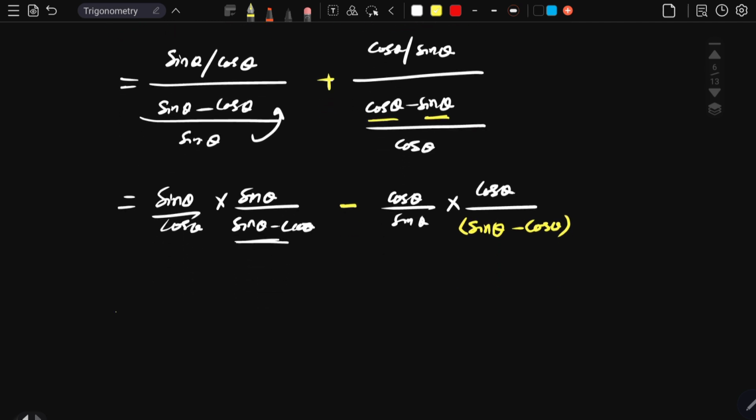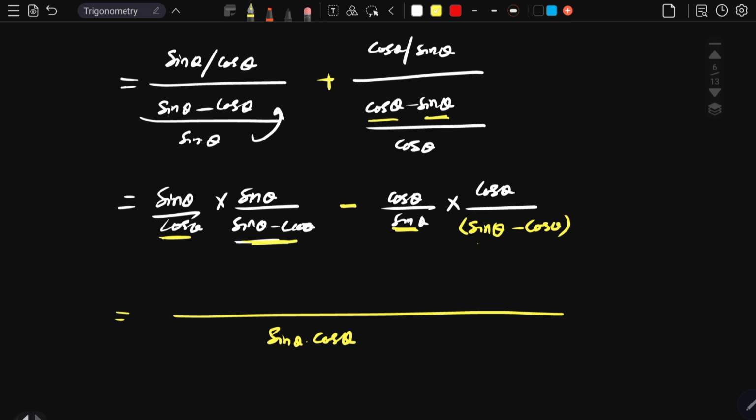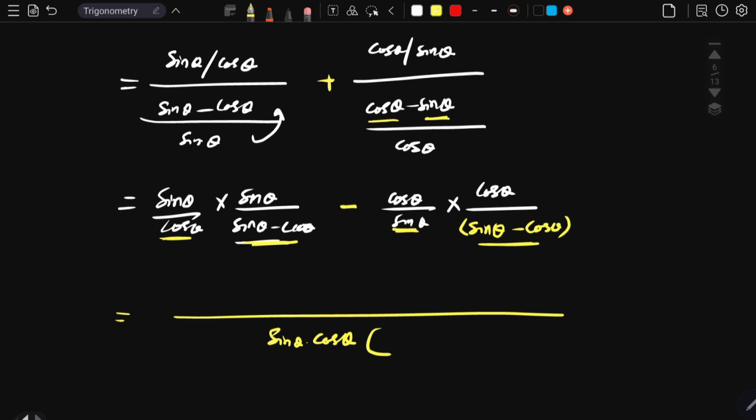Now take the LCM for the denominator. What was the denominator having? Cos theta sin theta. So write it as sin theta multiplied to cos theta, and sin theta minus cos theta, sin theta minus cos theta. One time writing is enough, sin theta minus cos theta. Now here cos theta and sin theta minus cos theta cancel, and sin theta is pending.